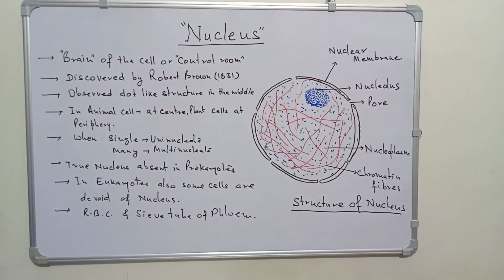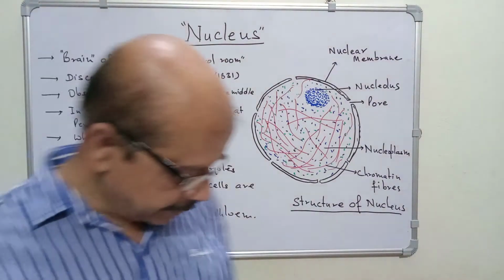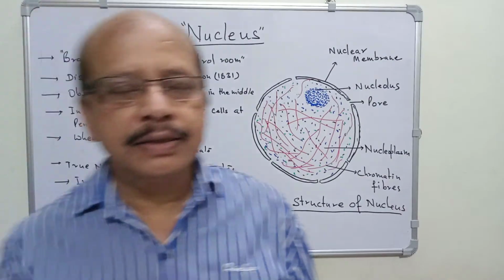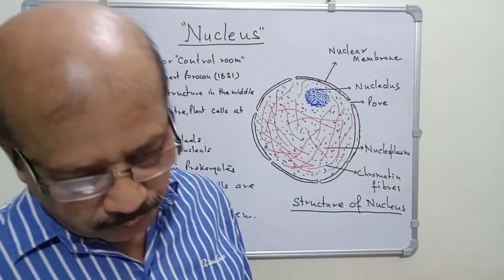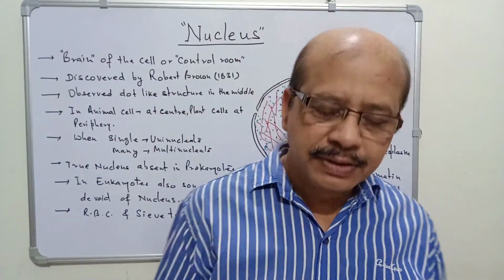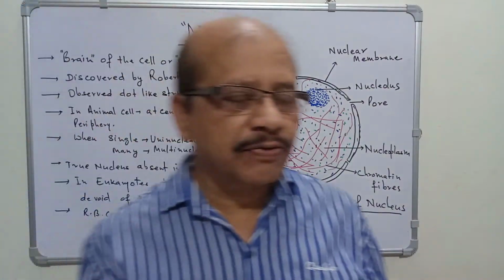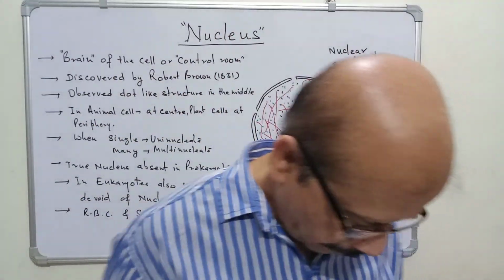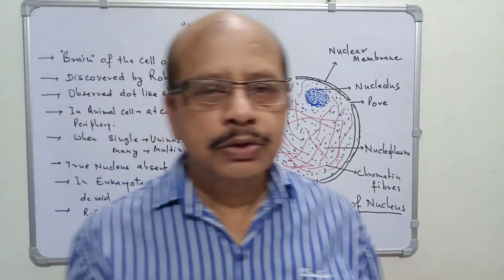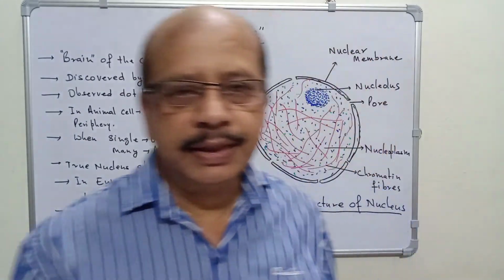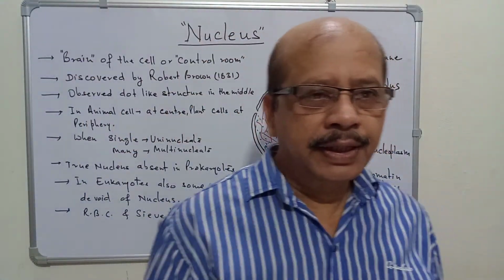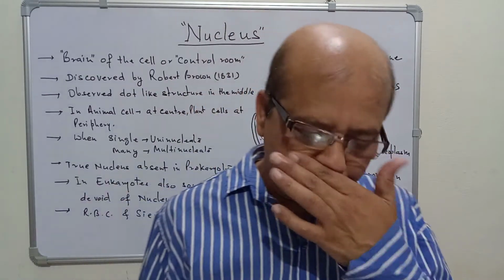In animal cells, usually it is present at the center of the cell, while in plant cells, due to presence of large vacuoles, it is pushed towards the periphery. That is, they are present near the plasma membrane.